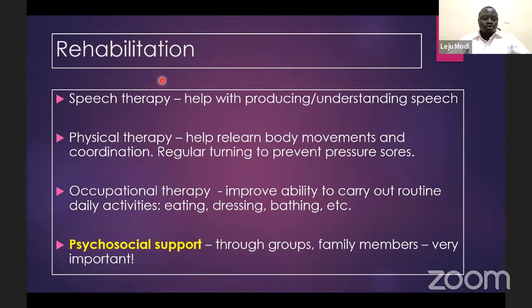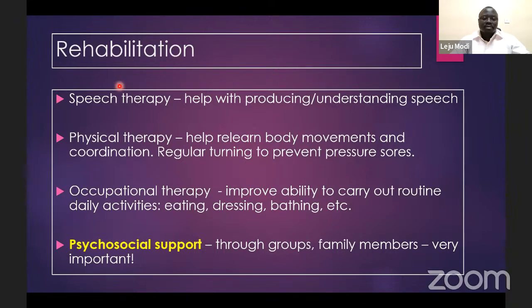For a survivor of stroke, they need to undergo rehabilitation for many things, beginning with the speech, especially those whose speech is affected. They need to be helped to recover how to pronounce words, how to produce them, how to understand. So it will be called a speech therapy.